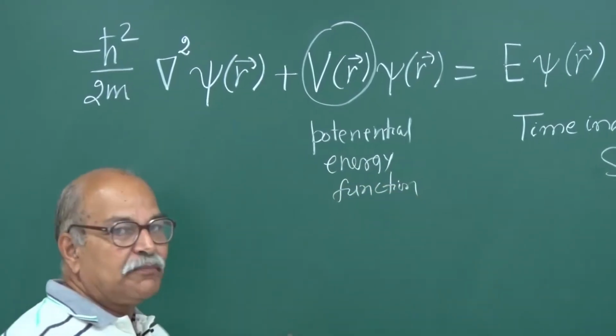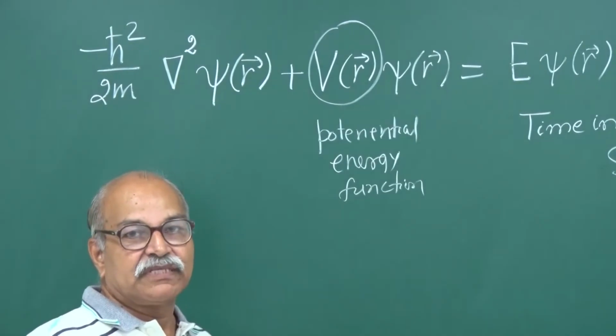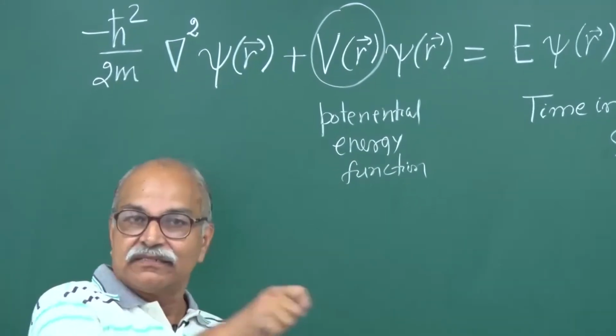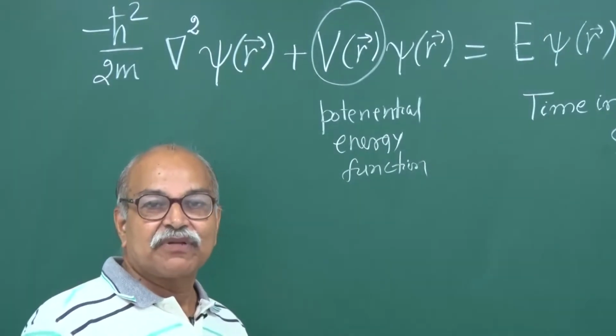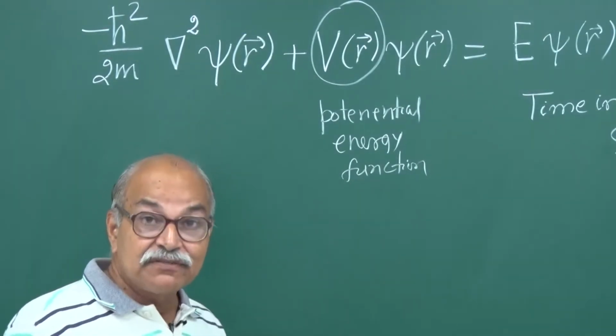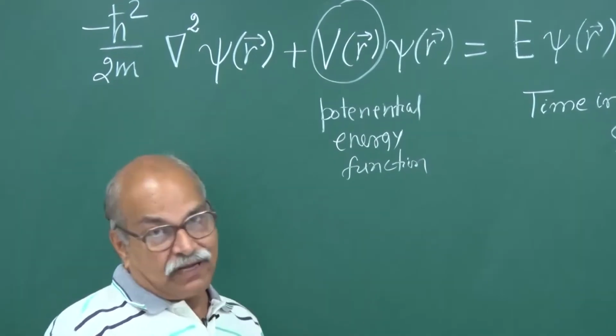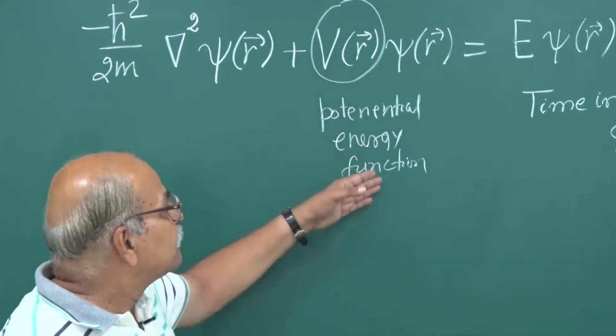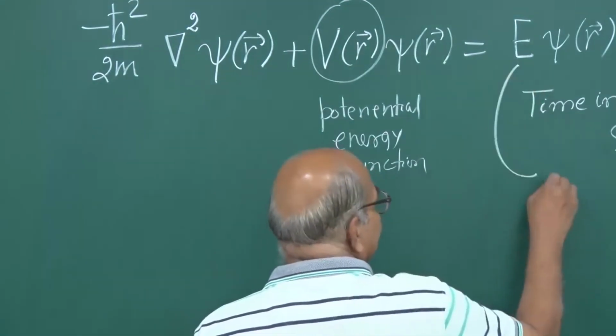Like in the Coulomb hydrogen atom case, this was e square over 4 pi epsilon naught r. r you can write as the square root of x square plus y square plus z square if you are using Cartesian coordinates, or r if you are using spherical coordinates. So this is the potential energy function, and this is the total energy we are looking for.